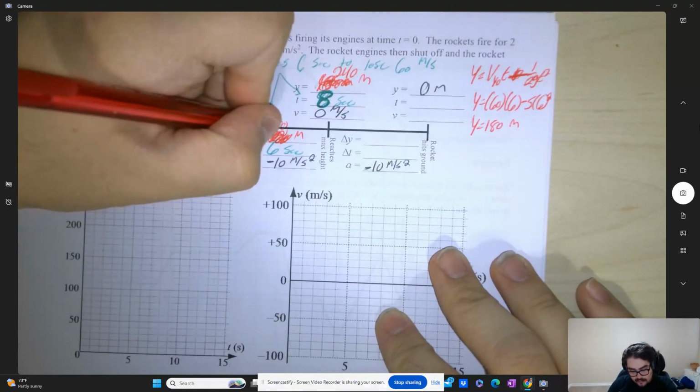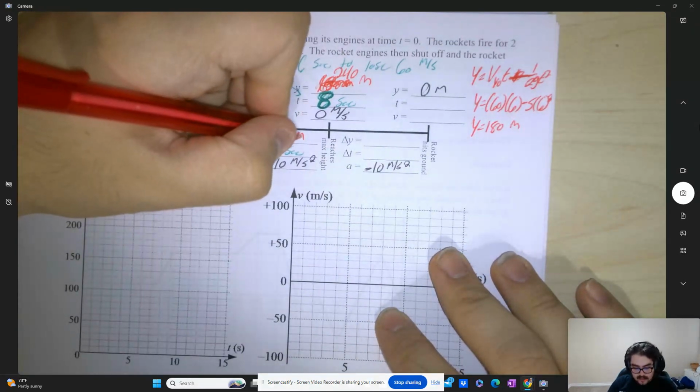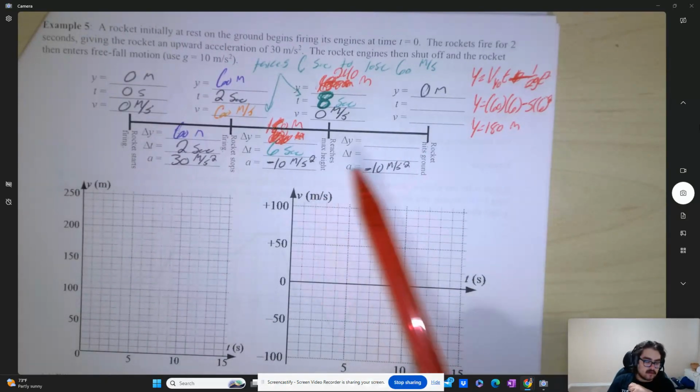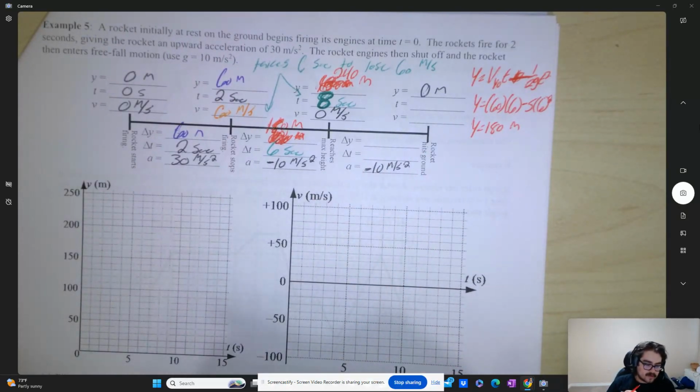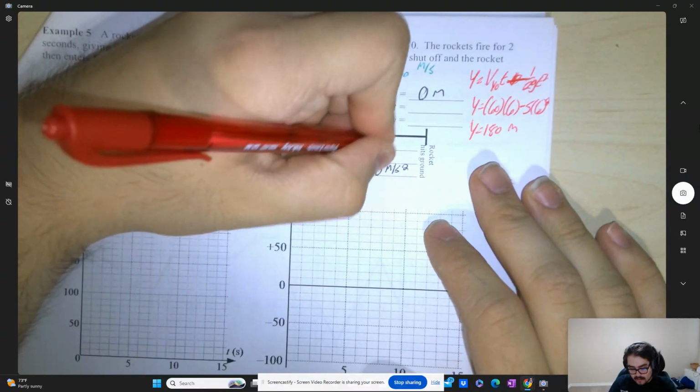I'm so tired. I don't know why this is messing up. 180 meters and 240. So there's that. Now the last thing we need to figure out is the delta t, and also you can figure out the delta y from it, right? Because if it starts at 240 and drops down to 0, then that means it dropped 240 meters.